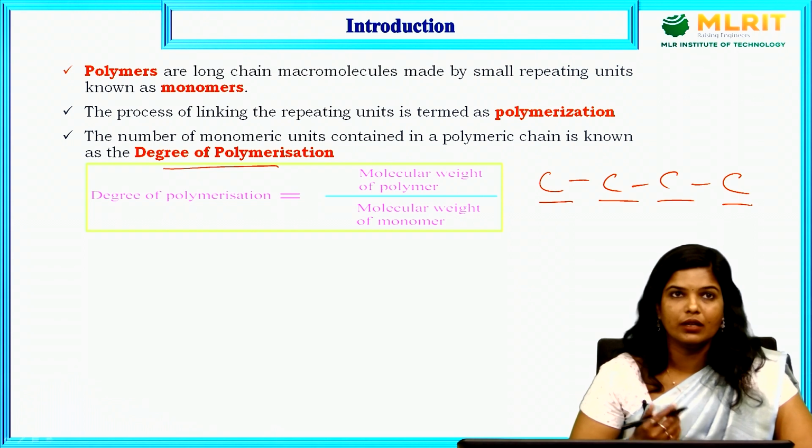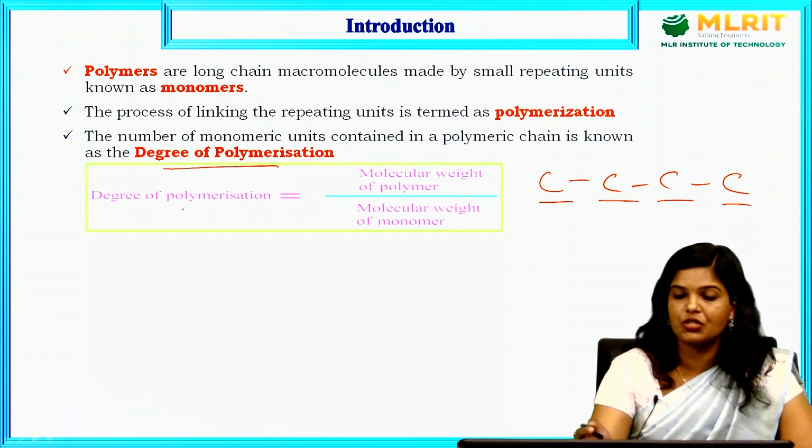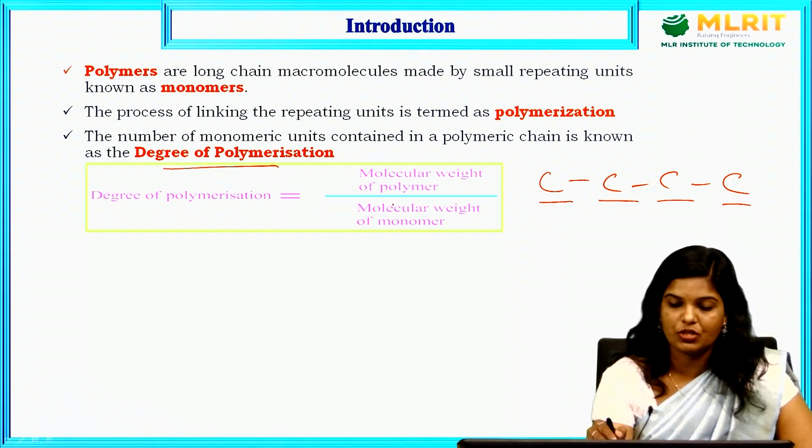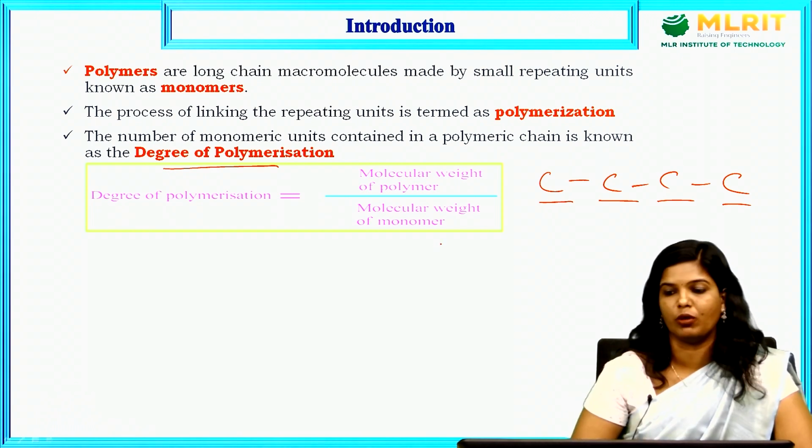So, how can we define degree of polymerization? Degree of polymerization is the molecular weight of the total polymer chain divided by the molecular weight of one monomer. Take polyethylene as a simple example, CH2=CH2; we can write the polymer as (CH2-CH2)n.